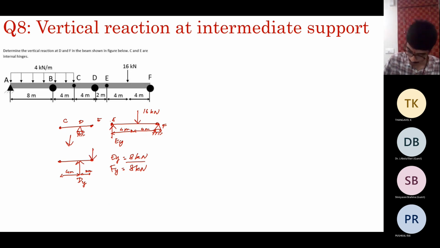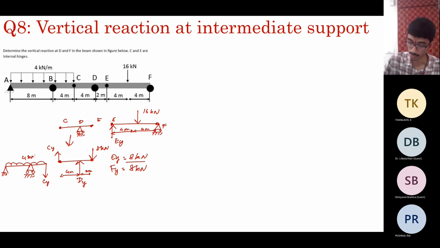So here you have 8 kilonewtons, and here you have an unknown force CY. I say it acts upwards. And if you consider the remaining portion of the beam, you have CY acting downwards, equal and opposite.